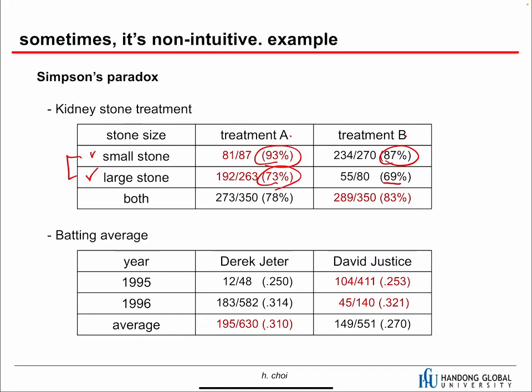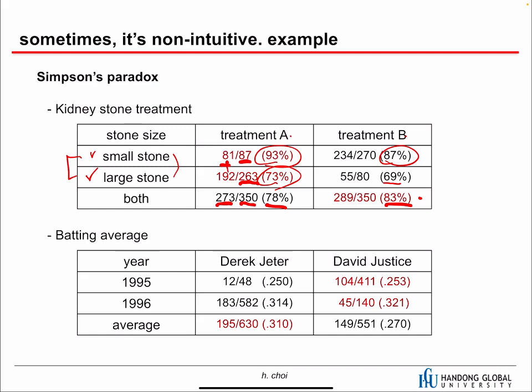Then if we sum them up, so if we calculate both cases at the same time, we add 81 to 192, then we have 350, and we added these two numbers, then we got 273. And we do the same thing for treatment B. Then look at this number. The success rate for treatment A is 78% and the success rate for treatment B is 83%.